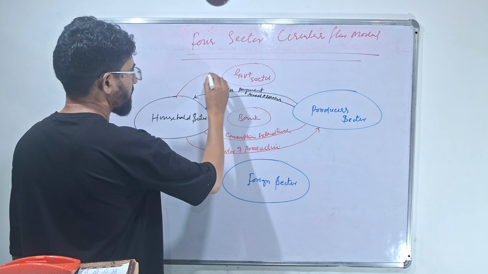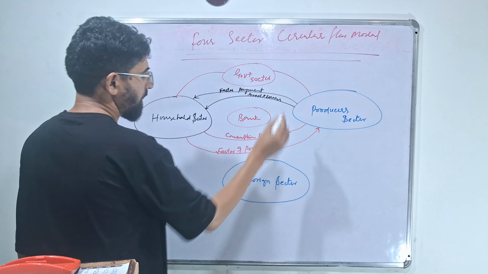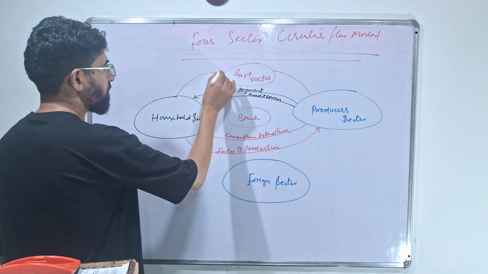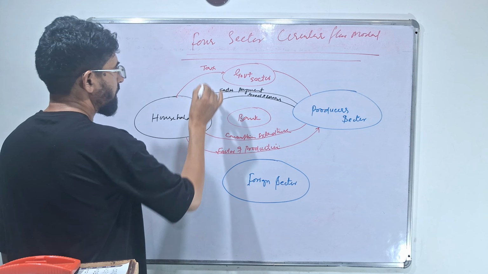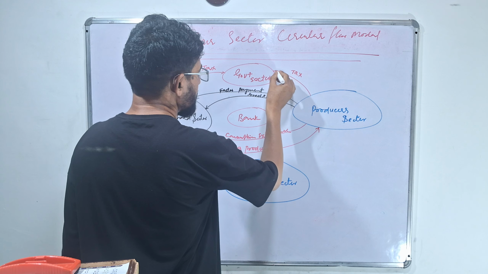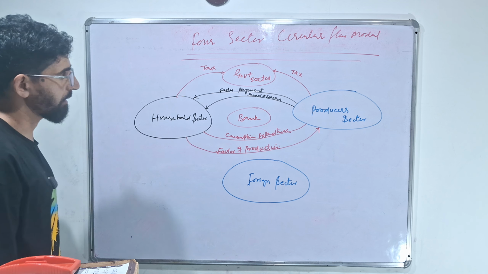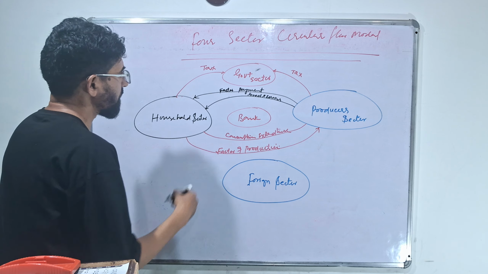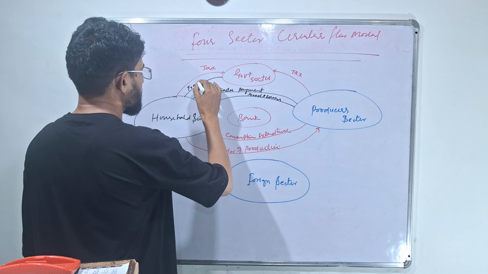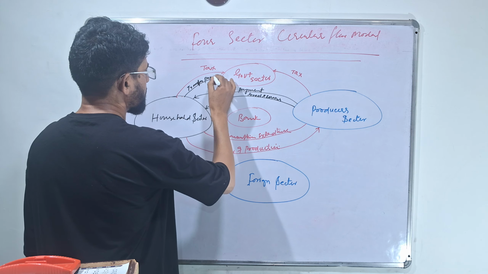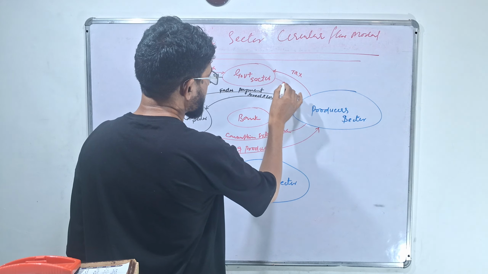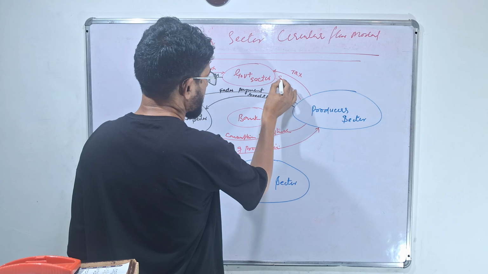What is the relation between the household sector and the government sector? The household sector has to pay tax to the government. Similarly, the producer sector has to pay tax to the government. The government sector in return provides the household sector transfer payments for charity purposes. Similarly, the government provides subsidies to the producer sector.